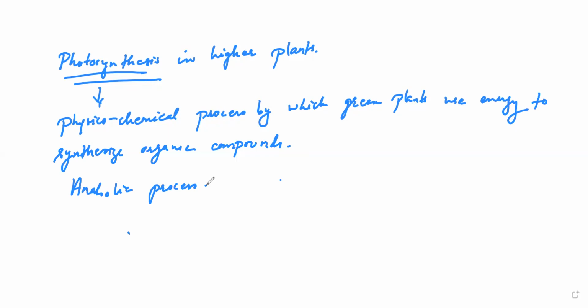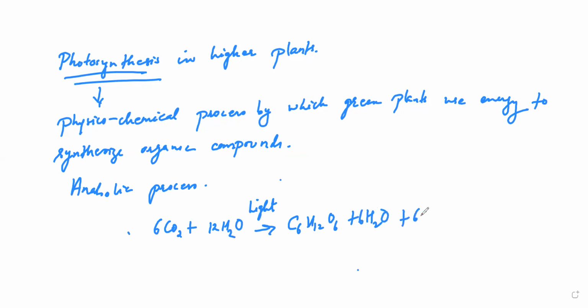Okay, so we all know the basic equation of photosynthesis. In the presence of light, there is sunlight, it gives you glucose, water, and oxygen.